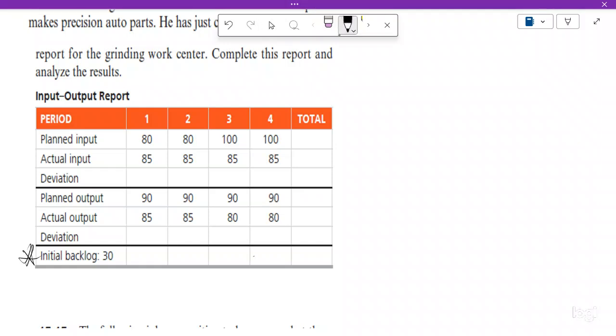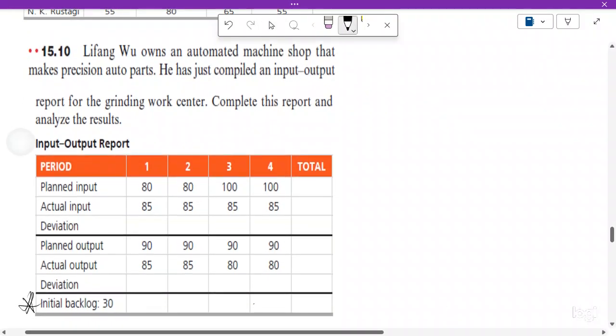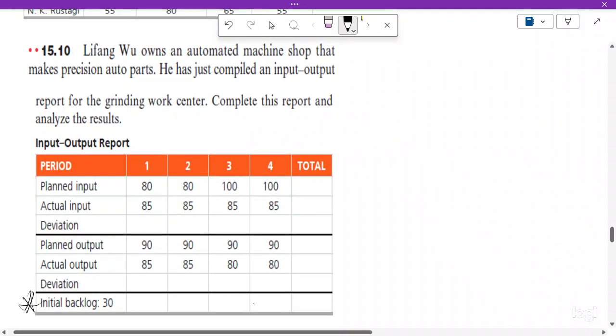Now there we have the input. The owner of an automated machine shop, which makes precision auto parts, just compiled an input-output report for the grinding work center. Complete this report and analyze the results. So obviously we start with actual minus planned.